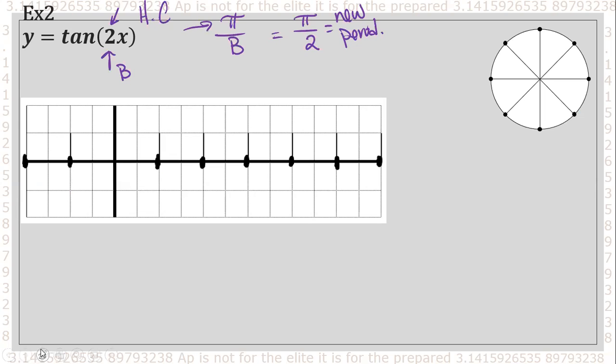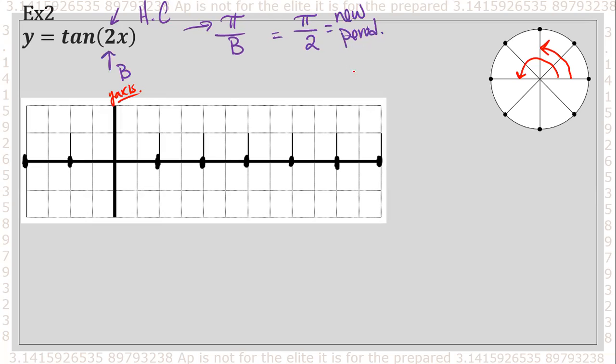Okay. Now from here, what does that mean? Well, that's telling us that instead of it being a distance of pi and a distance of half a circle, it's now only going to be half a circle. So what I want you to know is that we're still going to use my y-axis as a reference point. So I'm going to divide this one more time.